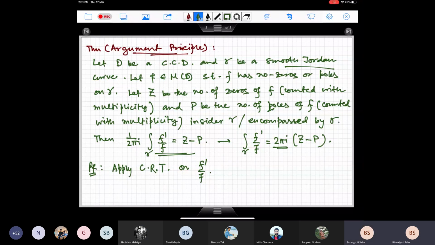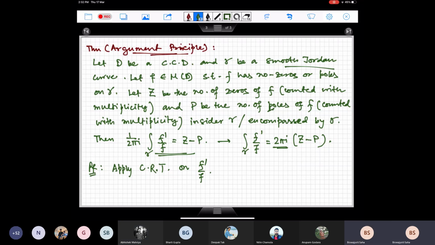What do you think about poles of f? Poles of f are zeros of this function? No, no, they are not zeros of this function. But first of all, the denominator does not make sense when you take a zero of f. You agreed. Now, if I take a pole of f, then the numerator does not make sense, right? Is it clear what I'm saying?